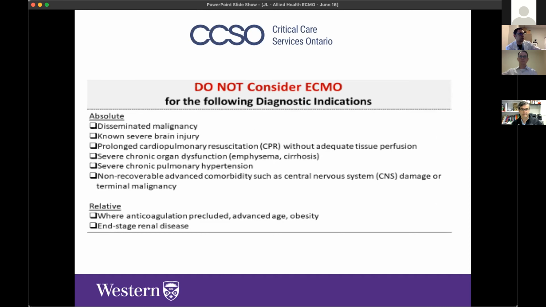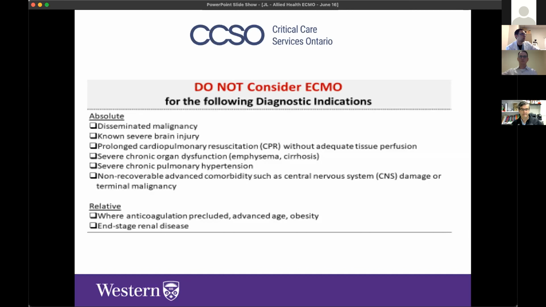Prolonged CPR without adequate tissue perfusion, so running an arrest with significant downtime or no-flow time from not starting CPR. Severe chronic organ dysfunction, whether that's end-stage lung disease, end-stage liver disease, or some of these other severe end-organ dysfunctions that can limit your quantity of life. Severe chronic pulmonary hypertension, and then non-recoverable comorbidities, again, advanced neuromuscular disease or terminal malignancies. So again, these are all absolute contraindications: is there a non-recoverable illness or significant chronic comorbidity that's going to limit the patient's capacity to survive or limit their lifespan in general?